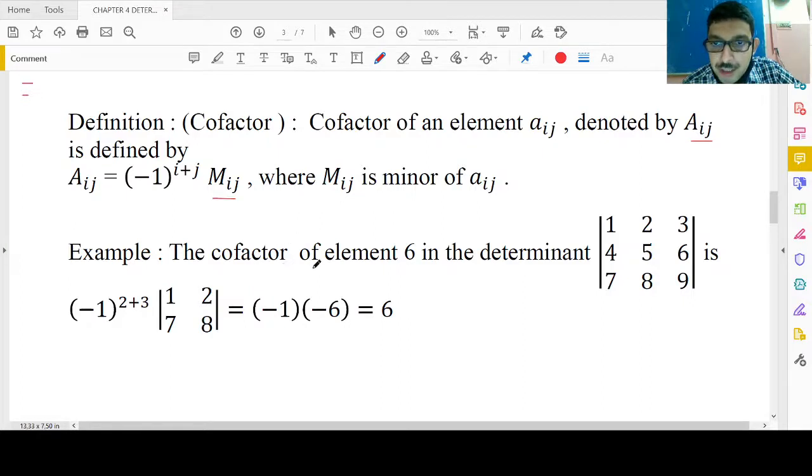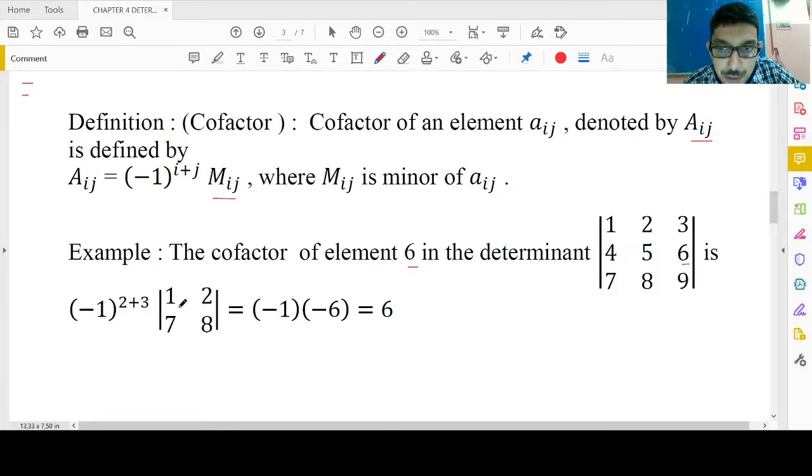For example, the cofactor of element 6 in the same determinant, that is 1, 2, 3, 4, 5, 6, 7, 8, 9. The minor we got is minus 6, but 6 lies in the second row, third column. So if you add both, 2 plus 3, it will become minus 1.